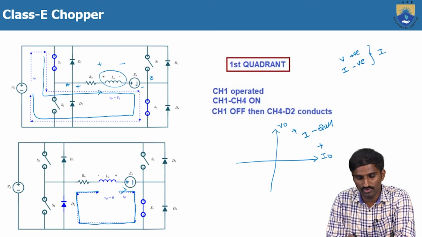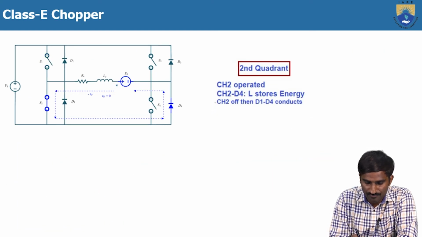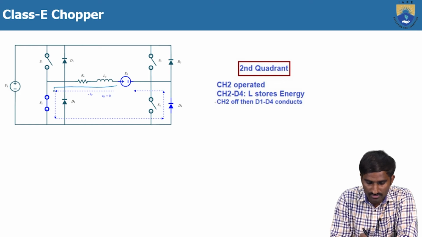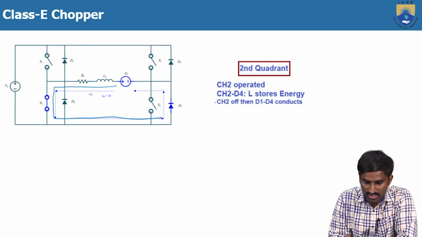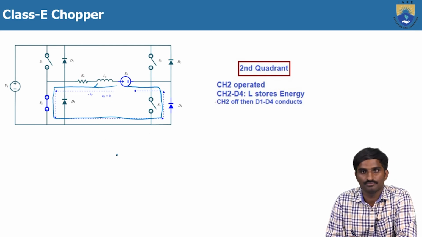So before it was plus and minus, and here also plus and minus, then it will go through like this. It will discharge, or the load current will flow in this way, so the current direction is different.